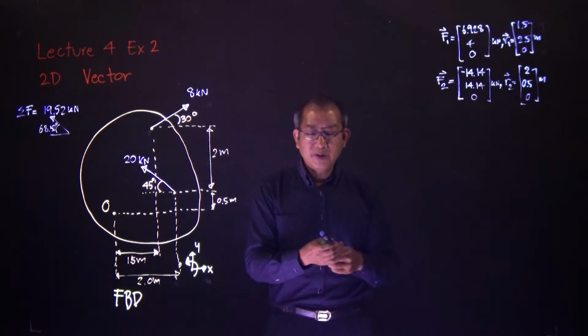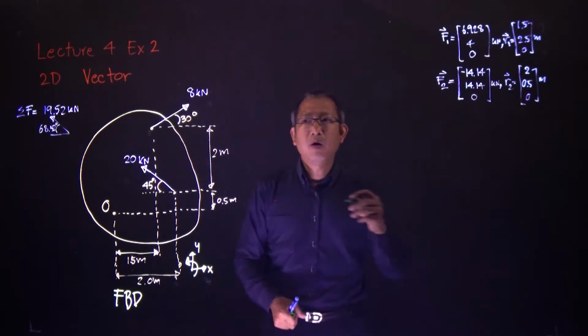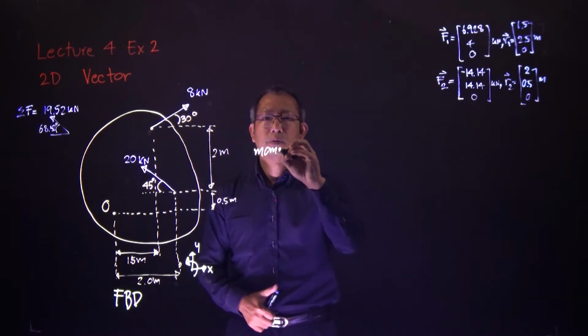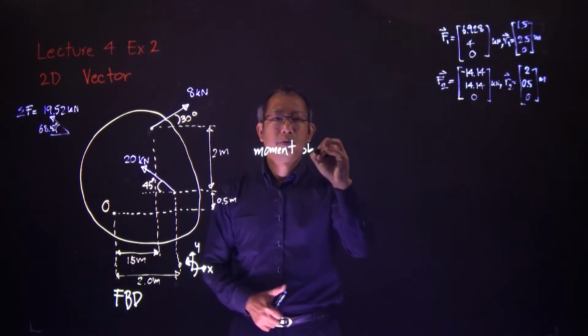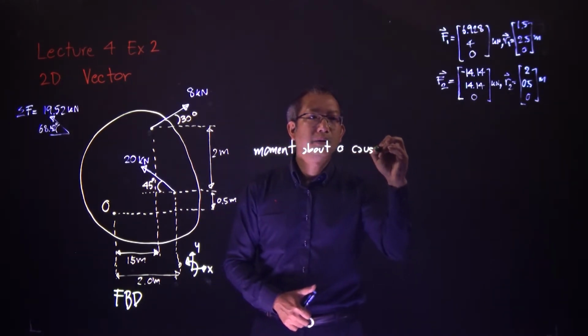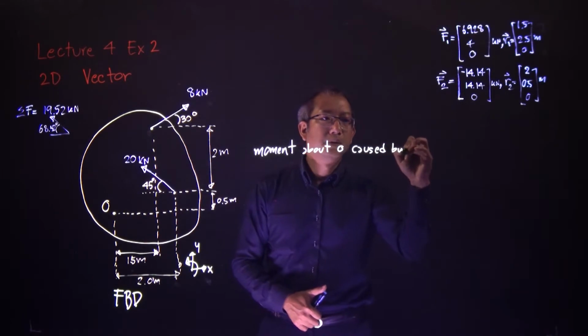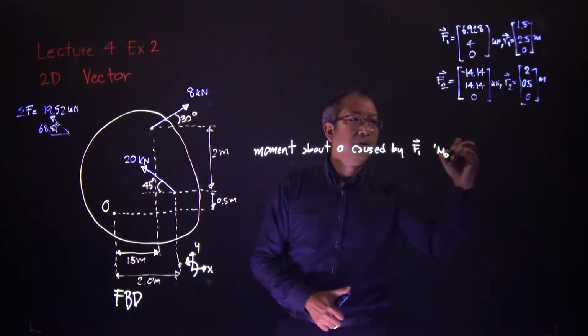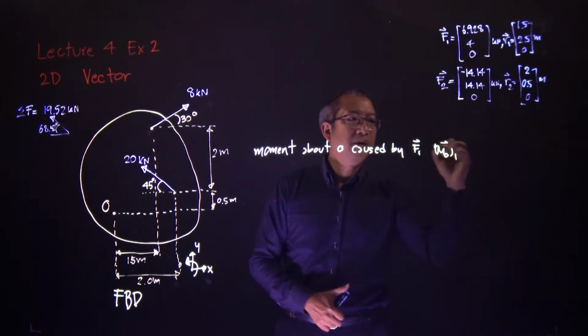Therefore, let's start off with the first moment. I will call the moment about point O caused by F1, MO1, the vector of MO1.